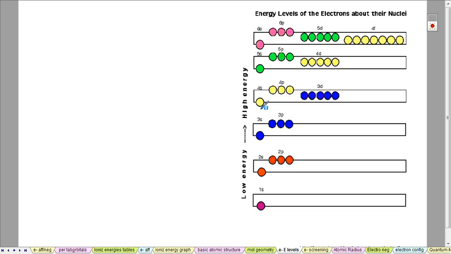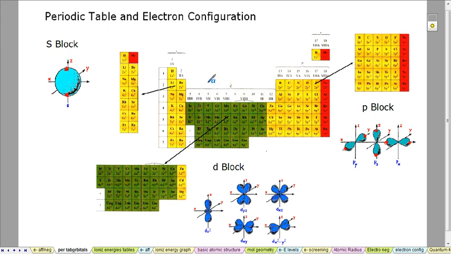Now when things get a little goofy is when we start looking at the 4th energy level. Because of the fact that these d orbitals, there's 5 of them, and they're crammed so much together, even though the electrons are technically in the 3rd energy level, if they're found in the first d block, and that first d block is this block right here.